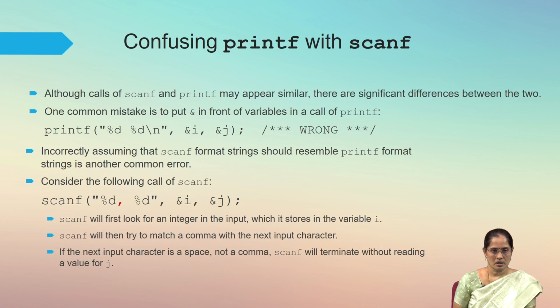This should be avoided, because scanf looks for the ampersand symbol and then searches for the next variable representation, whereas printf does not require the ampersand symbol. That will avoid the confusion between the scanf and printf statements.